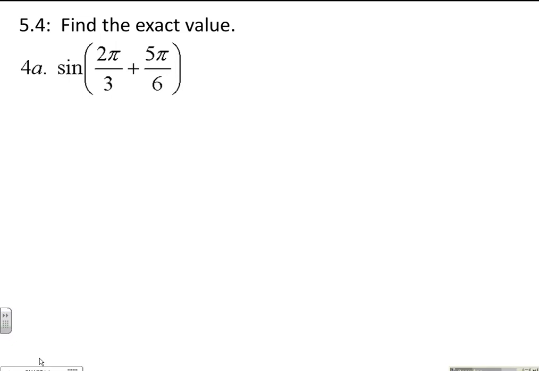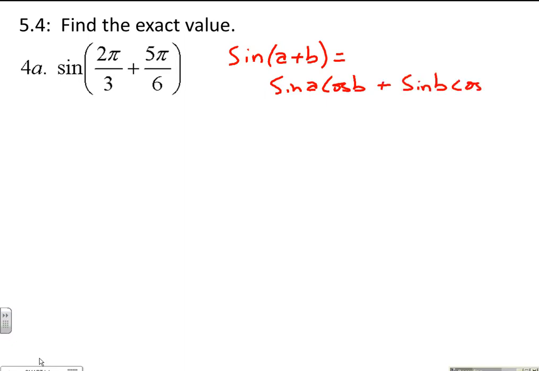So let me go ahead and list this one down. We have a formula that says sine of A plus B is equal to sine of A cosine B plus sine of B cosine A. That might be worth jotting down if you don't have that listed down already.